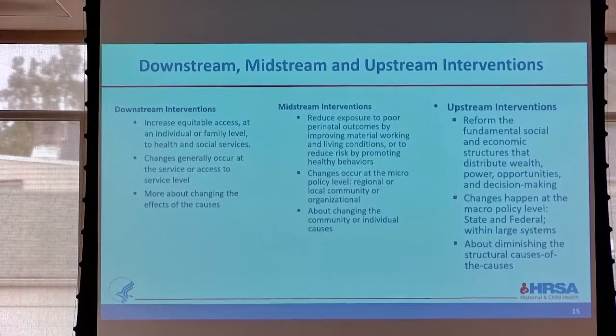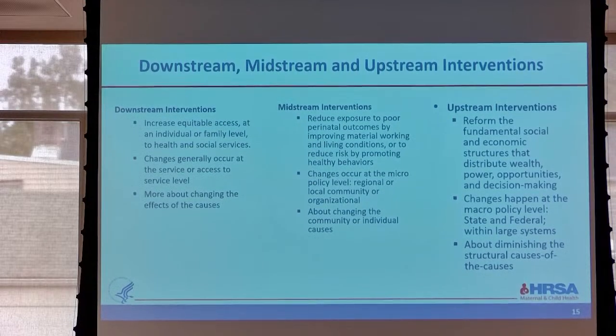I'm going to stick with the lead example because this is where you're doing a fundamental change or reformation to social and economic structures related to how we deal with wealth distribution and things of that nature, right?